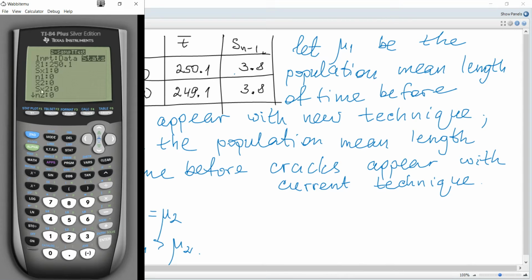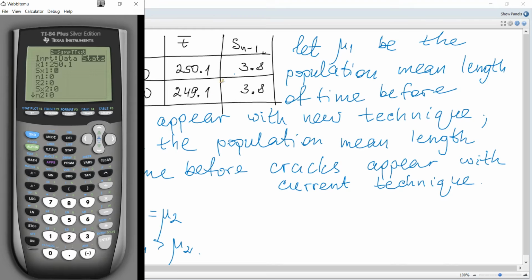For the calculator we need this S, which implies Sn minus 1. There is a formula in the data booklet, and if it is given just the standard deviation for the sample, it can be calculated as n minus 1.